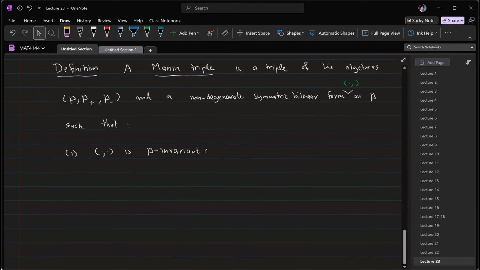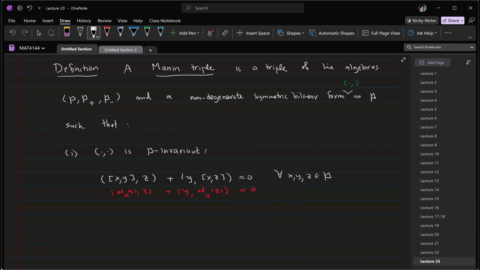Now, this means the following relation with respect to the adjoint representation: the form of ad X of Y, Z plus the form of Y, ad X of Z equals 0 for all X, Y, and Z in P. Somehow it says that ad X is a skew-symmetric matrix if you choose the notion of transpose according to this bilinear form. So have you seen this relation somewhere else?